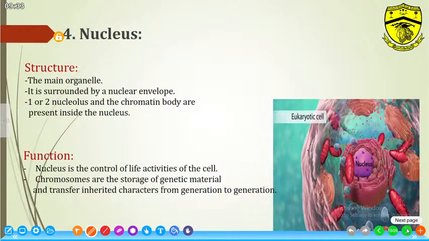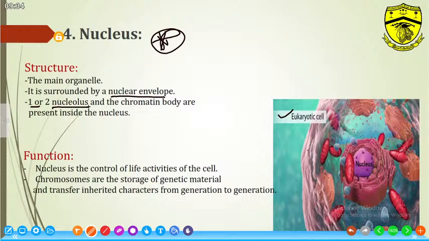And in here, that is a main organelle, nucleus. This is a eukaryotic cell. The center part indicates the nucleus. The main organelle. It is surrounded by a nuclear envelope. One or two nucleoli and the chromatin body are present inside the nucleus.